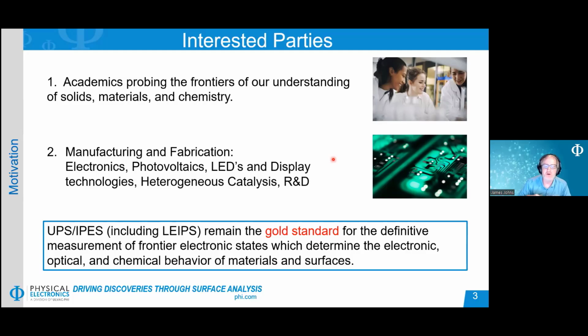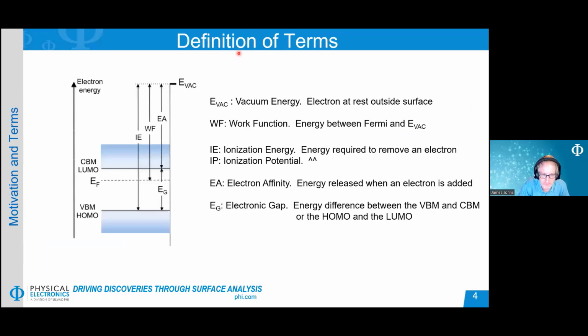The amount of interpretation required to go from what you see spectroscopically to what that is telling you about the electronic states is very small, because it's a direct probe of the electrons in the system. These directly probe this rather than indirectly probe it, which is why they're considered such a gold standard. What type of information are we talking about?